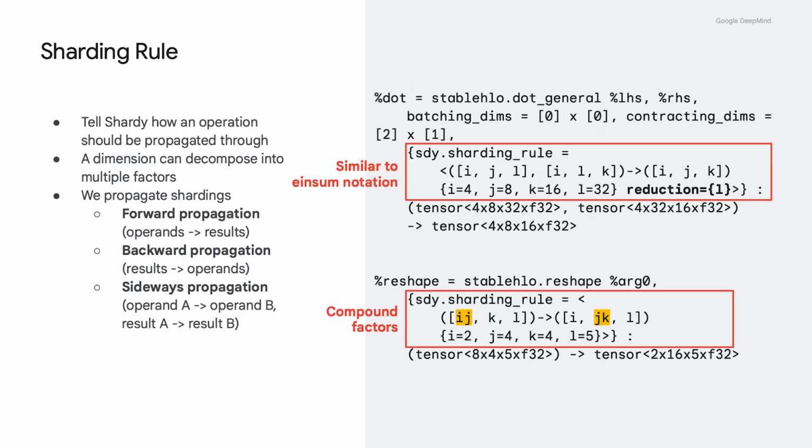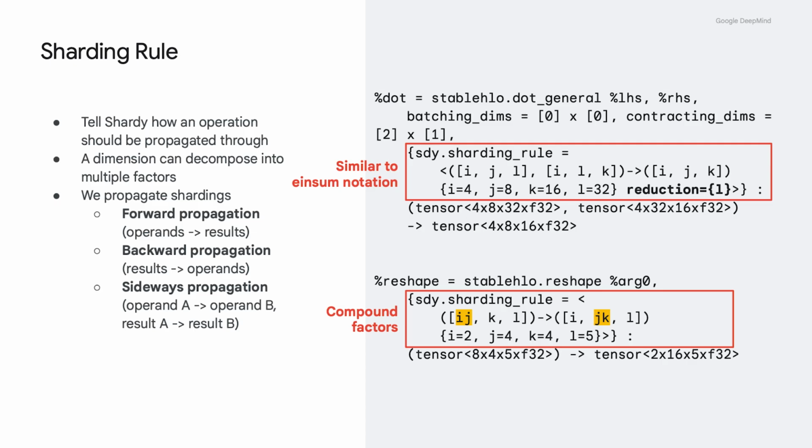Finally, we have visualized the sharding propagation process with the sharding rules. The sharding rules are just how we reflect the relationship of these dimensions. I think a typical example is the dot operation. Here is just the standard dot operation with the batch dimensions, non-contracting dimensions and the contracting dimensions.